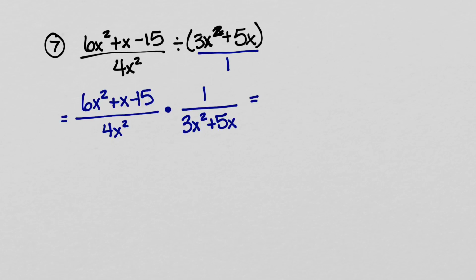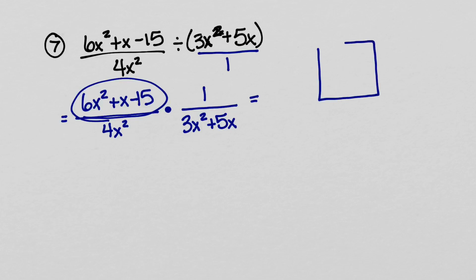So if I factor this one, you might want to do your factor box, so maybe I'll just do that so I can remind you guys how to factor when you've got bigger things. In my factor box, you write in your first term, you write in your last term, and you multiply them together, so negative 90x squared.